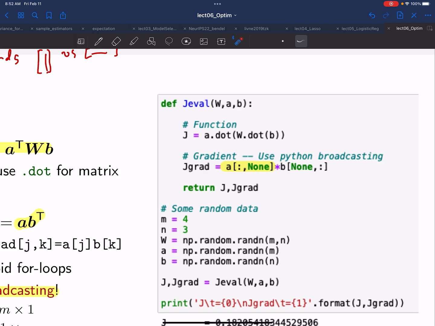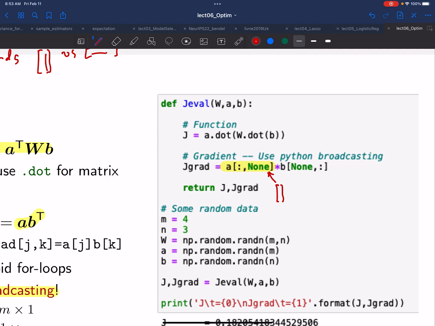And I'm saying build a matrix where the values in A are stored along the first dimension, so this is a vertical column vector. And for the second dimension, there's no new information to add, so just think about that as a single dimension. So this we can think about as something like this.